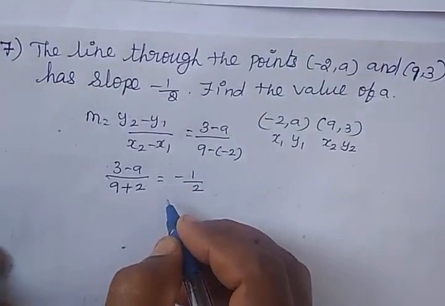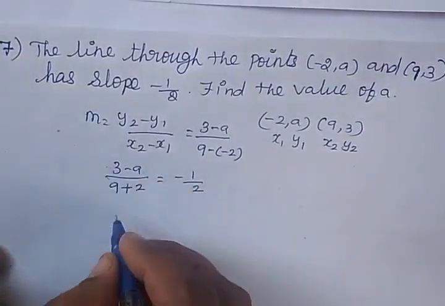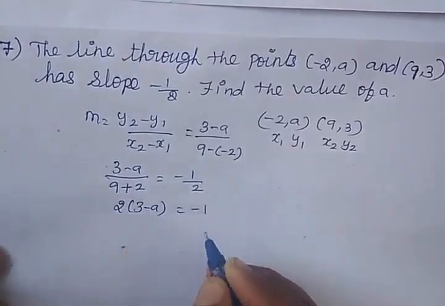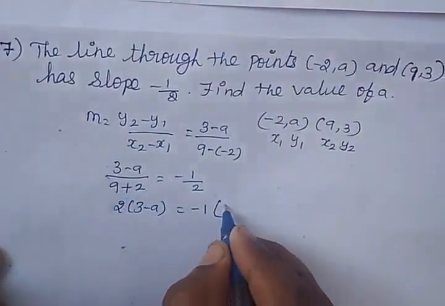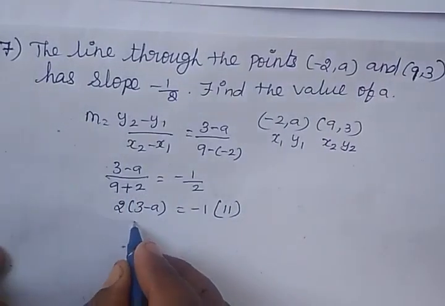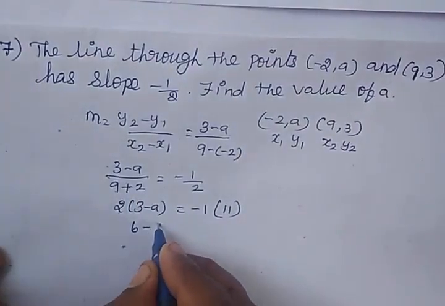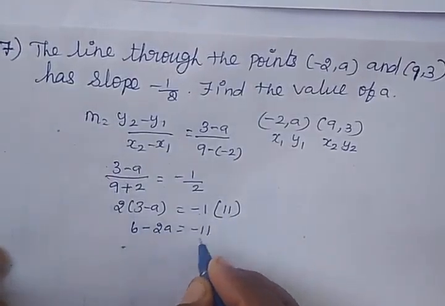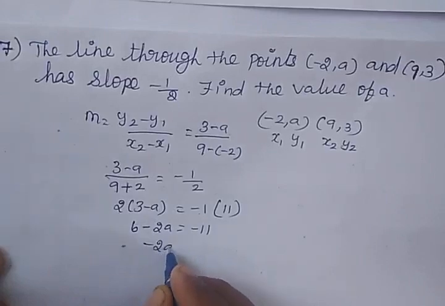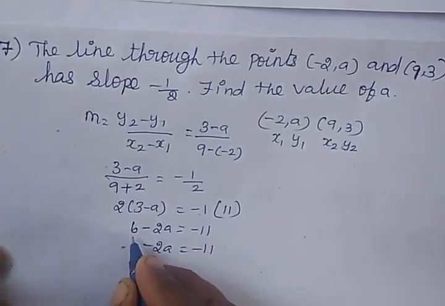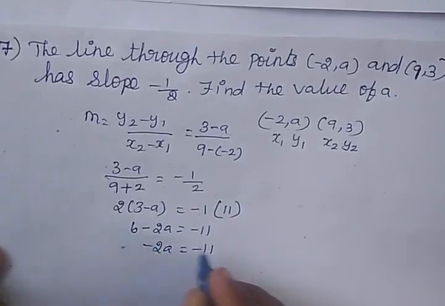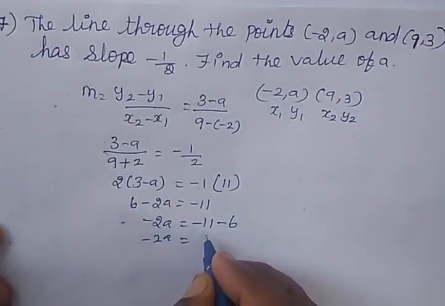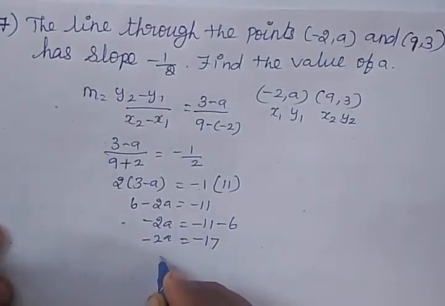Cross multiplication: 2 into (3 - a) is equal to -1 into (9 + 2), which is 11. So 2 3s are 6, minus 2a, is equal to -1 into 11, that is -11. Bring the 6 to the opposite side, plus 6 becomes minus 6. So -2a is equal to -17.